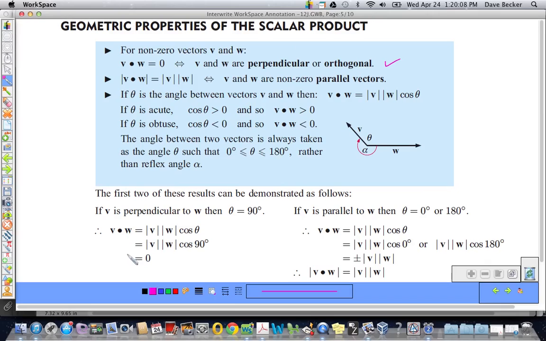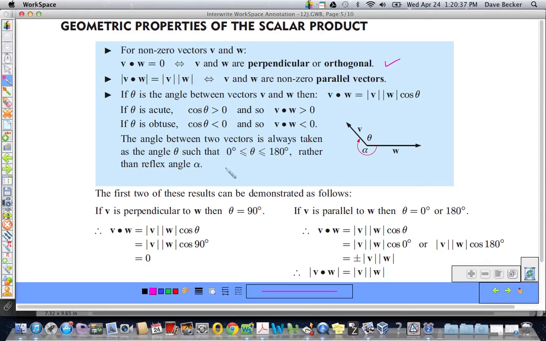So if v dot w equals 0, then the vectors must be perpendicular because the angle is 90 degrees. We also know that the magnitude of v dot w is equal to magnitude v times magnitude w if and only if they are non-zero parallel vectors. Two very important ones.